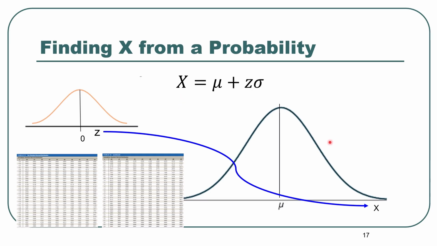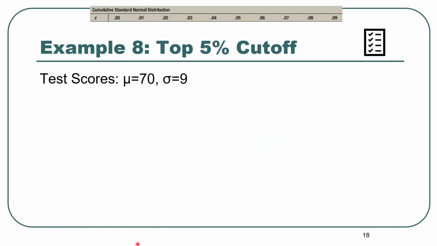Let's practice. Test scores are normally distributed with mean equal to 70 points and standard deviation equal to 9. We want to find the minimum score to be in the top 5% of the distribution of the scores.